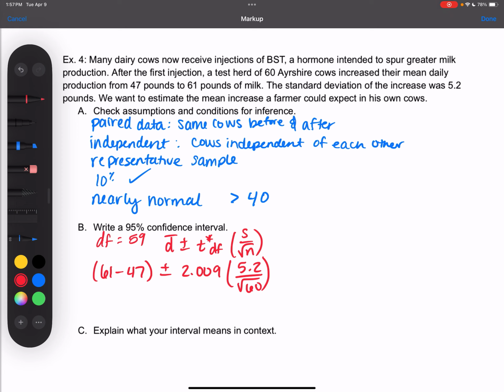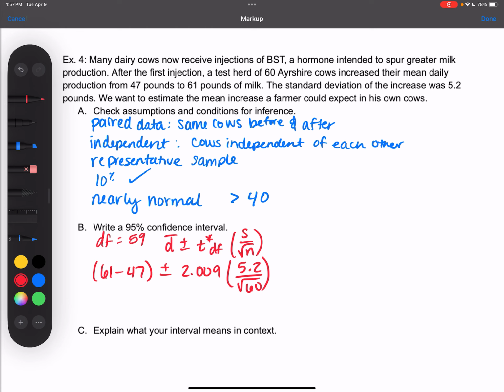I think we can also do T interval again. It should be able to run a T interval with stats again. The difference when we do it this time is that we have to find this difference, so 61 minus 47, which if you type it in, it will automatically solve it for you.